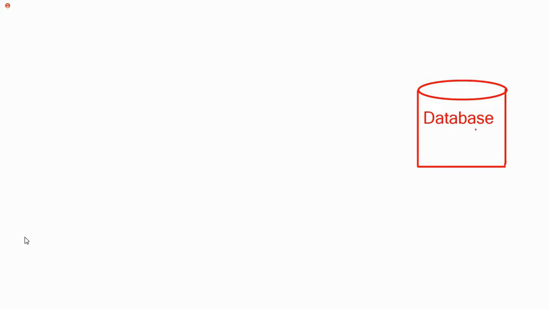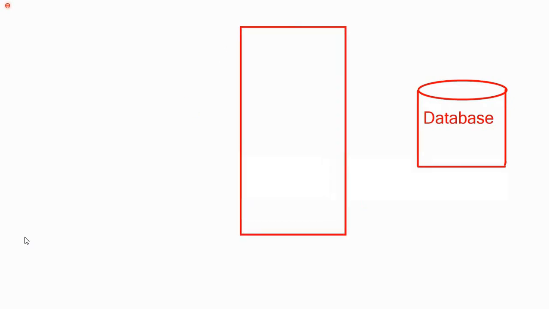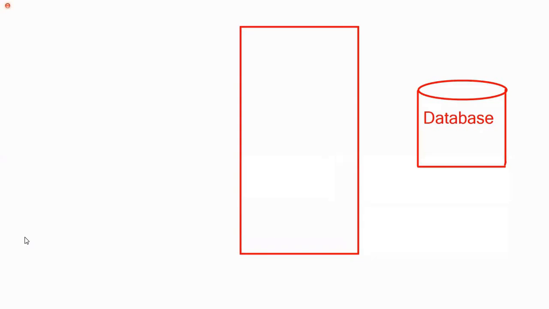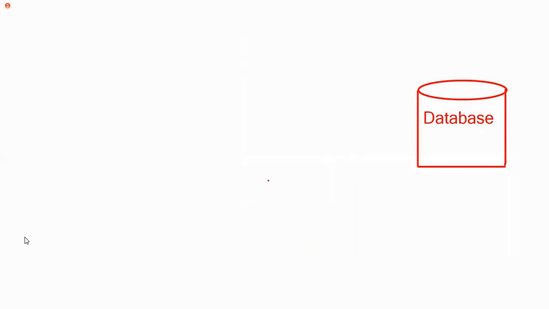If you want to distribute this database over the world, for example, the Facebook database, worldwide any number of people can access. How is it possible? Only with server software. One server is required. We have to install one server software.